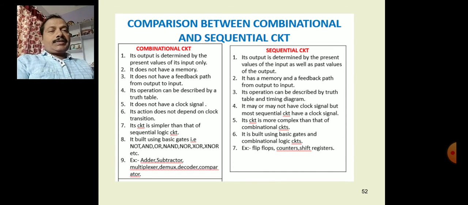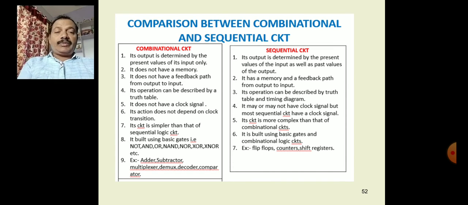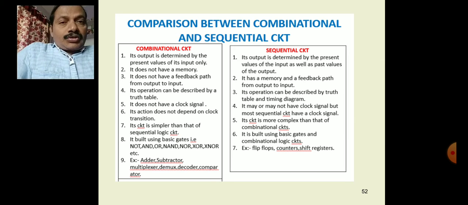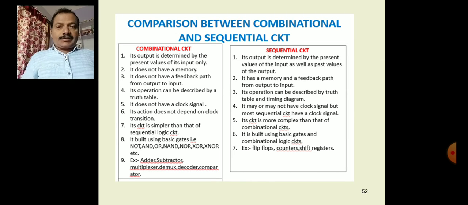And examples, let us see the combinational circuits we have discussed: adders, subtractors, parallel adder, serial parallel adder, and 2's complement parallel adder subtractor circuits. And in the sequential logic circuits, we have the examples: flip flops, counters, and shift registers.